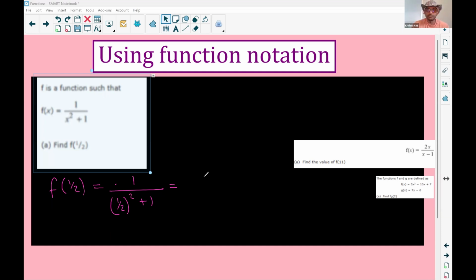I don't have a calculator. I'm on a different computer today, so I don't have the online calculator to hand, so I'll just do it myself. So a half squared is a quarter, and a quarter plus 1 is 1 and a quarter. Yeah, so 5 over 4. And the reciprocal of 5 over 4 is 4 over 5. So the answer to that is 4/5. Hopefully you got that.